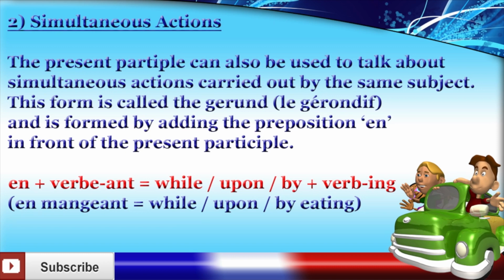So if you want to learn it in depth, I would advise you to look in the description and click on the link to go to the lessons that I've made on the subject. But in short, en followed by the present participle can translate either to while, upon, or by, followed by a verb ending in ing, that is, followed by the English present participle.